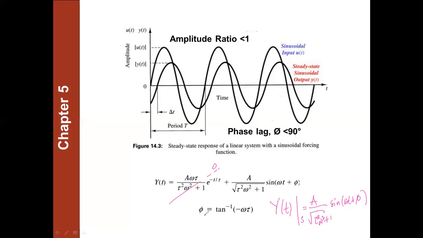This phi is what we call the phase lag, and oftentimes its value is negative, because the value that you're going to get after going through this particular expression on the right side of the equation will always be negative, telling you that your output will always lag behind your input by a value which is approaching this 90-degree value. Now you could see here an expression which is 1 over the square root of tau squared omega squared plus 1.